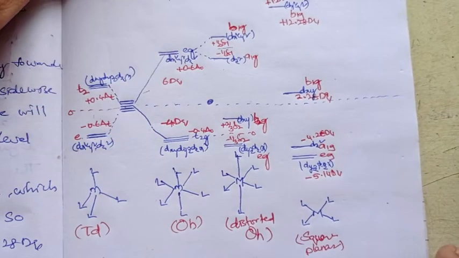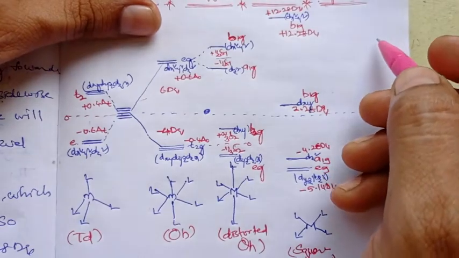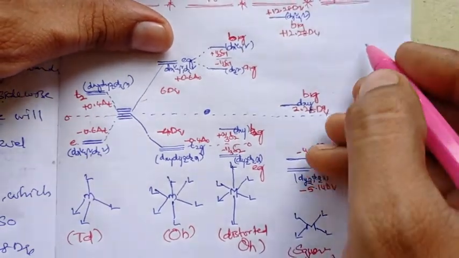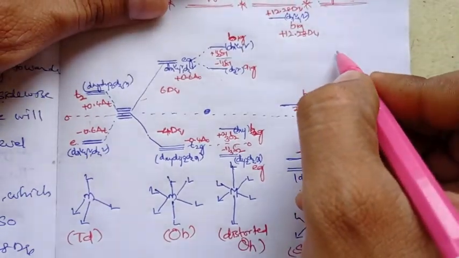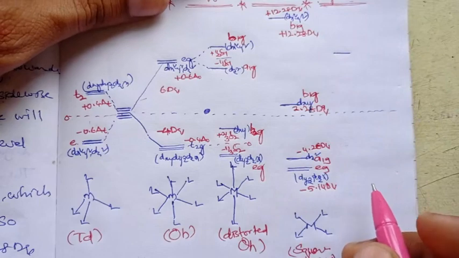And we have two more left, that is trigonal and linear. Coming to trigonal, the trigonal energy state has three energy states.